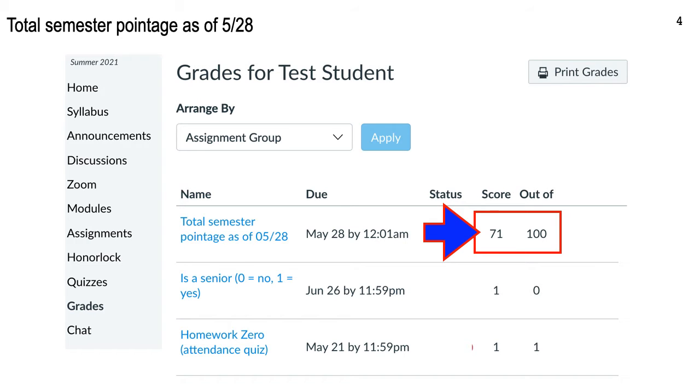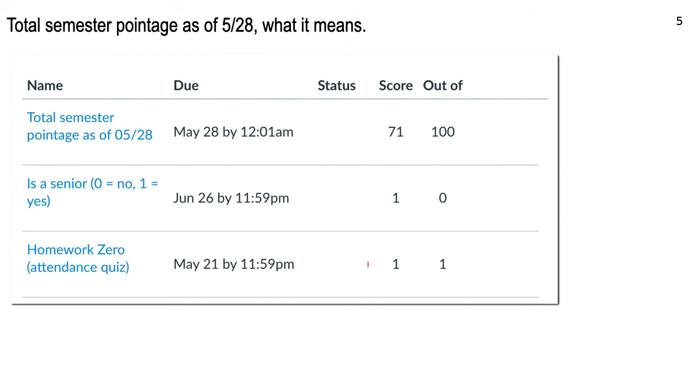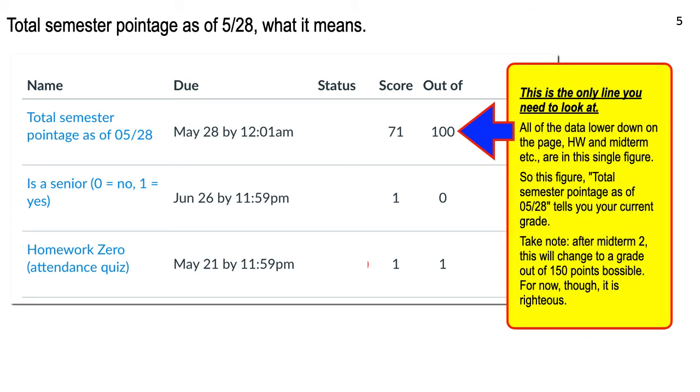And that line is the only line that you need to look at to understand your current grade status as of Friday morning. All the data that's lower down, like homework 2 and homework 3 and midterm 1 and all that stuff, is encapsulated in this one line.